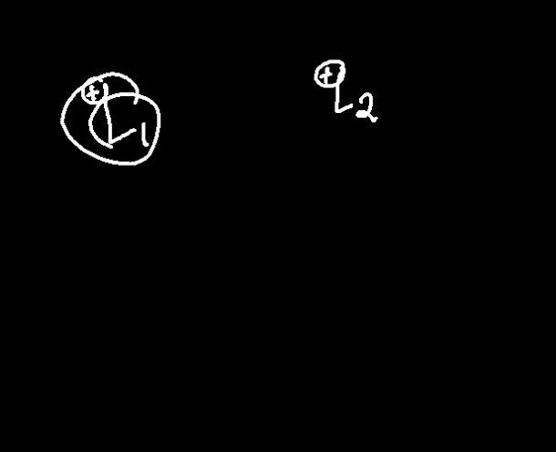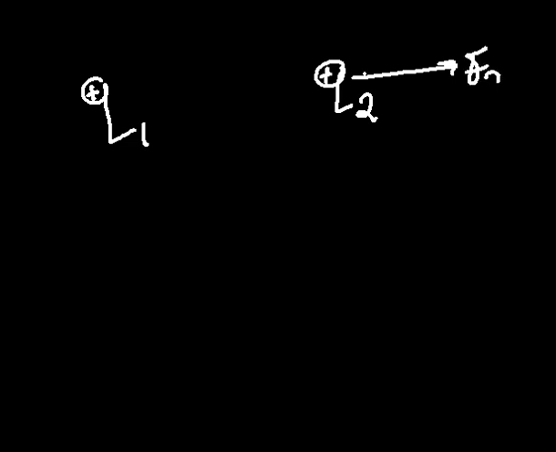So according to the principle behind Newton's electrostatic law, there is a force of repulsion between the two charges, and the force due to charge 1 on charge 2 acts towards this direction, given as F21, and the force on charge 1 due to charge 2 will go towards this direction, given as F12.